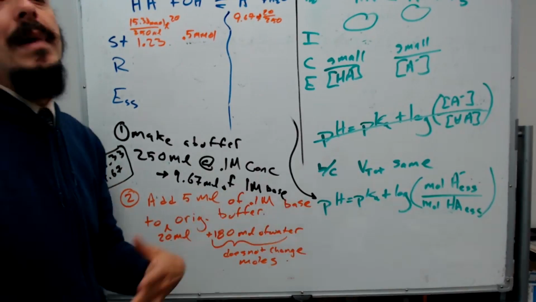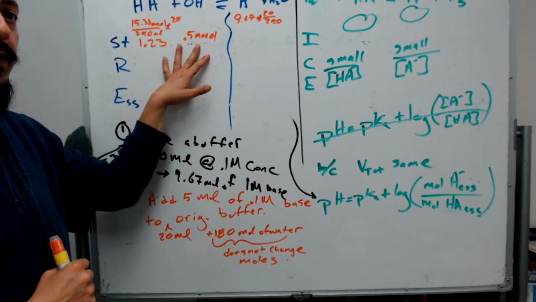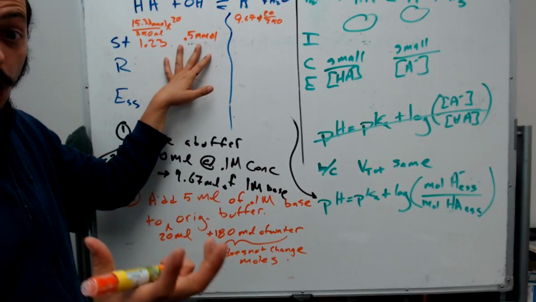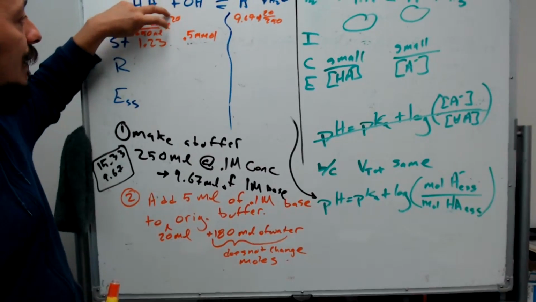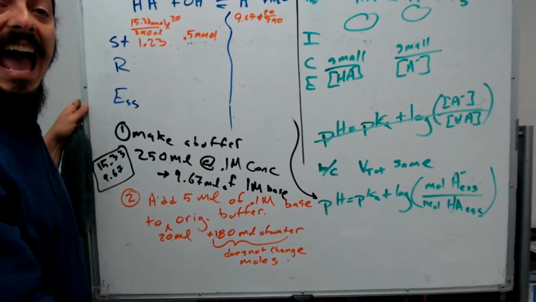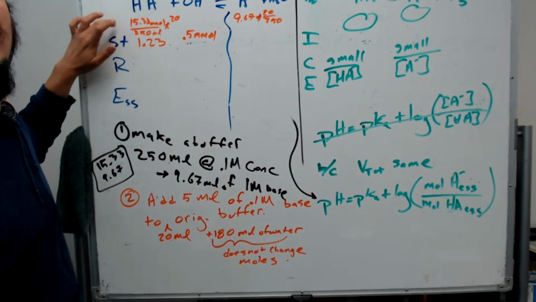Right, so you can imagine if you were adding 1 milliliter of this 0.5 millimoles to all of your original buffer, you'd have 250 divided by 250, your millimoles wouldn't change. If you were adding to half your original buffer, you'd have 125 divided by 250, you'd have half the moles.